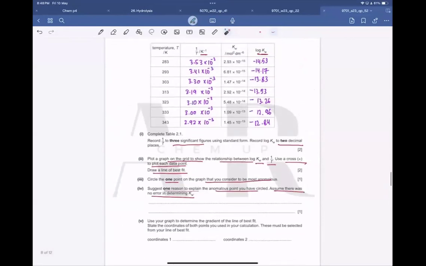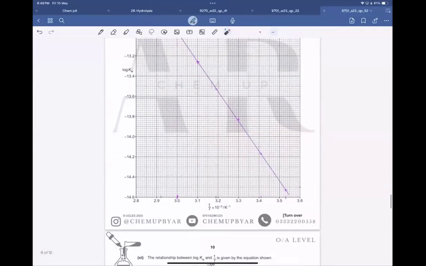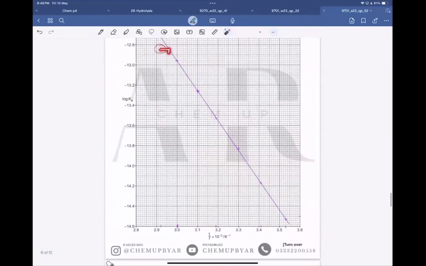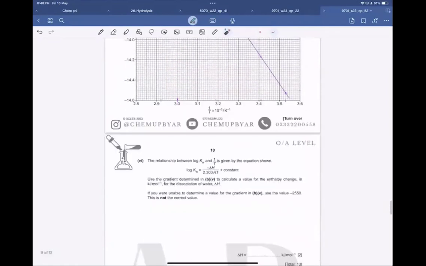Right now, they have mentioned that it is calculated at 343, but in actual it is calculated at lower than 343. Why are we saying lower than 343? Because if I move over here, 1 over T, the reciprocal of temperature, is increased, which means the actual temperature would be lower.